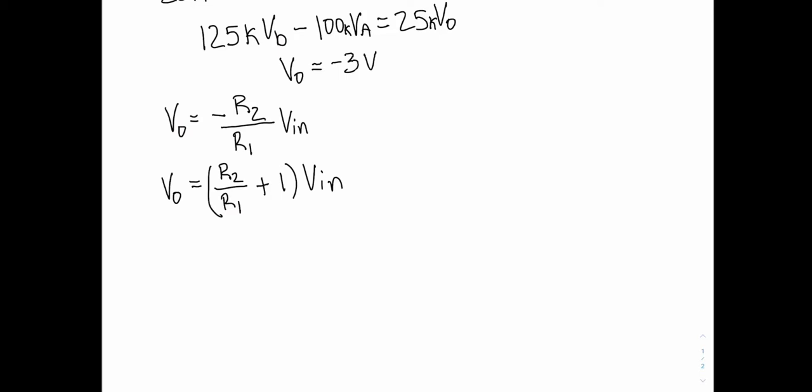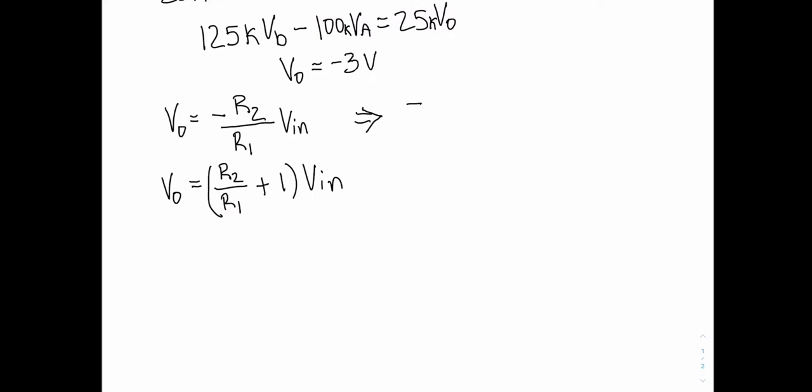So going back to the superposition method, negative R2 over R1 times Vin, we're going to have Vin being VA, which is going to be equal to 2 volts.